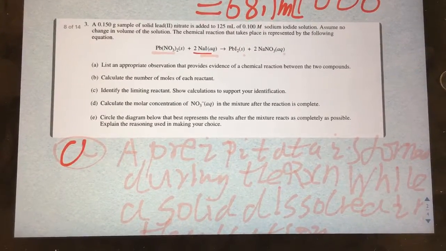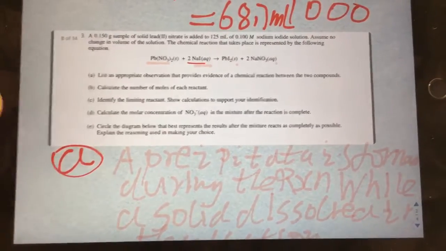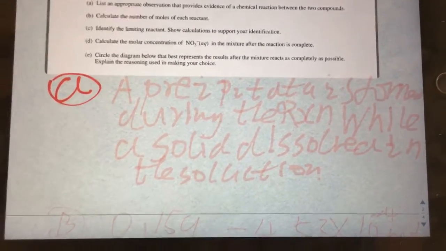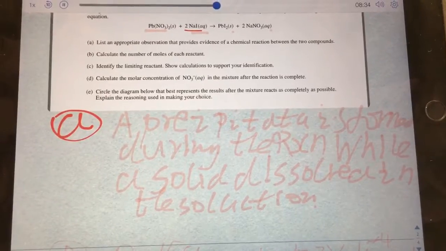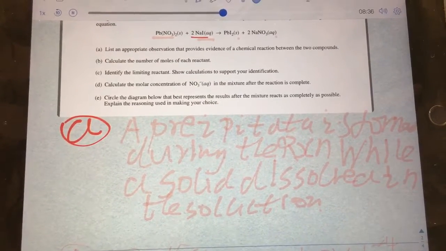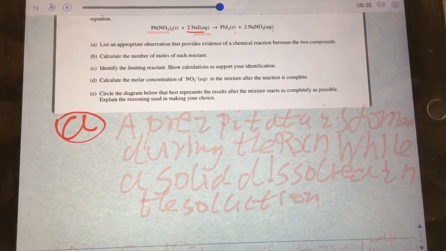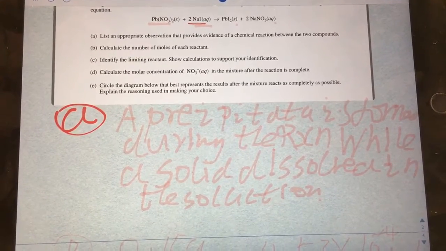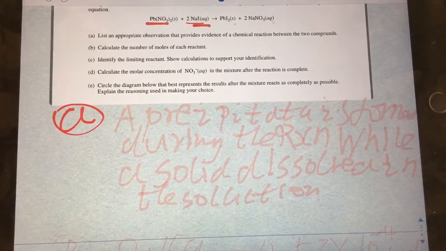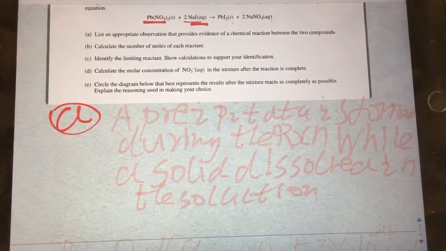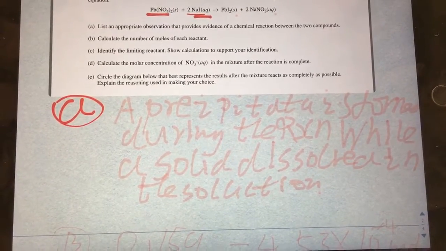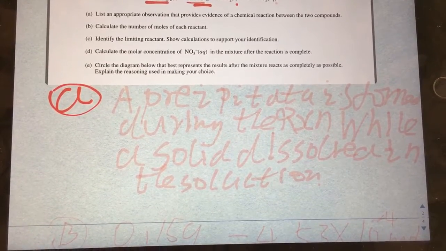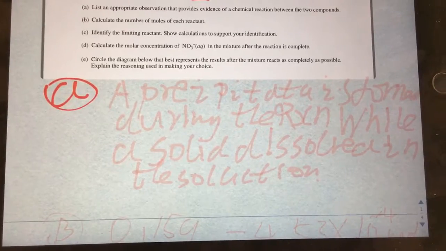Let's get down to the first question, part A. List appropriate observations that provide evidence of a chemical reaction between the two compounds. It's asking us what happens when we mix those two reactants. As we can see, the outcome of the reaction is one solid and one aqueous.